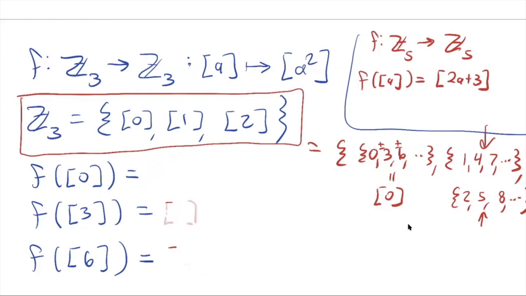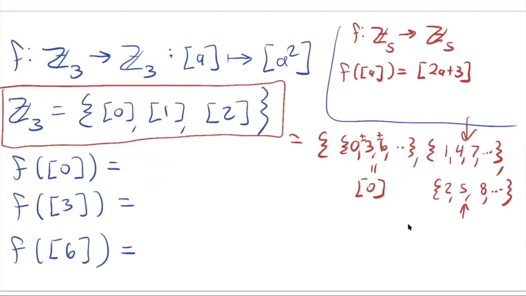So just to check how that would work, the map I'm suggesting here is to take the representative of the class and square it. In this case, this would get mapped to 0 squared, which is 0. It doesn't have to get mapped to the same place, okay?